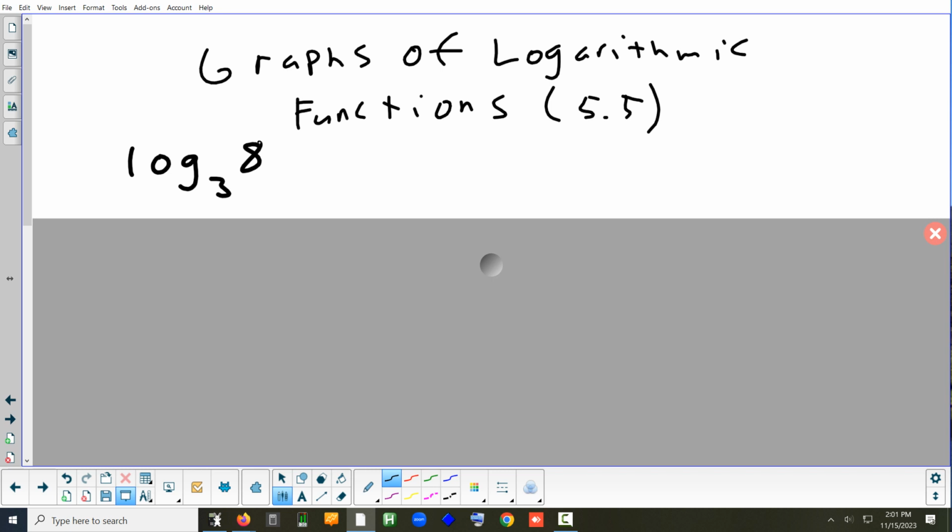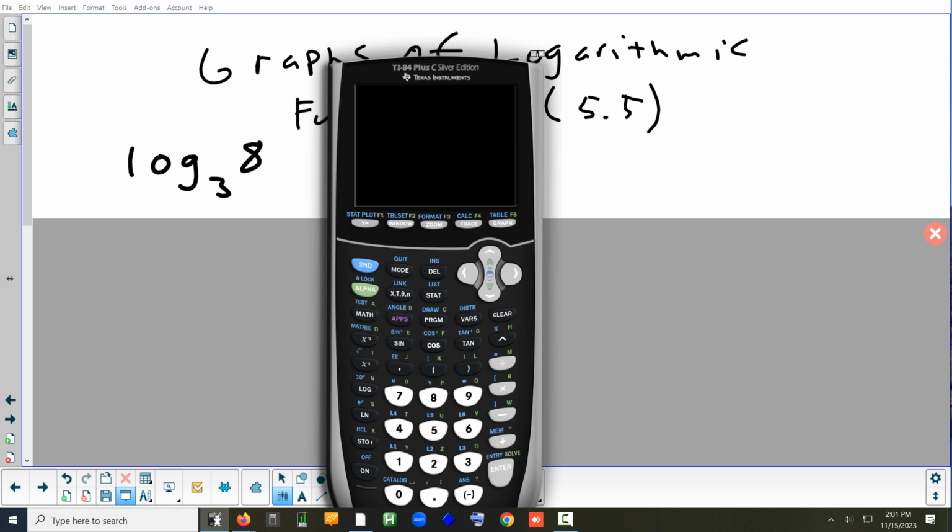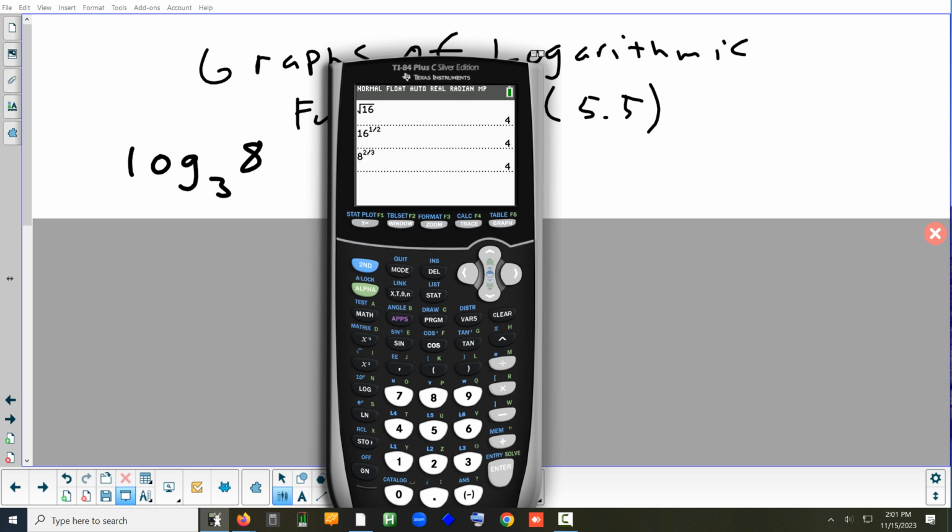Now, the calculator can only do two bases by pressing just a single button. What are the two bases the calculator can do? It can do base 10 and base E. That's the button for base 10. That's the button for base E. There is no button directly to do base 3. But it doesn't mean you can't type in base 3.